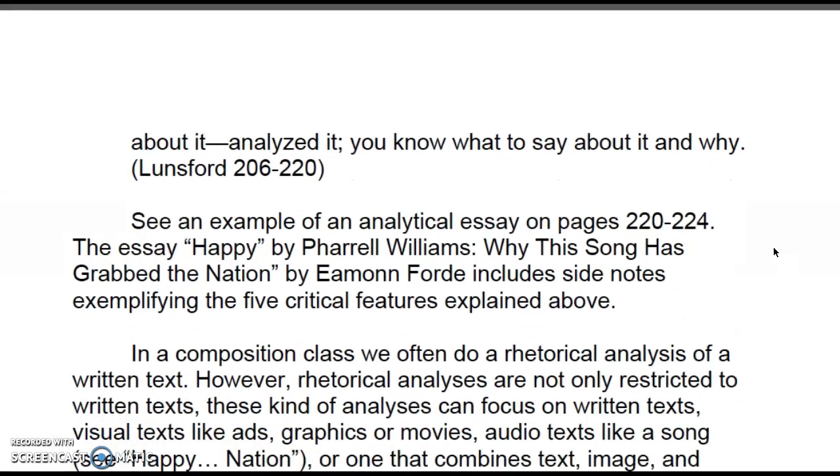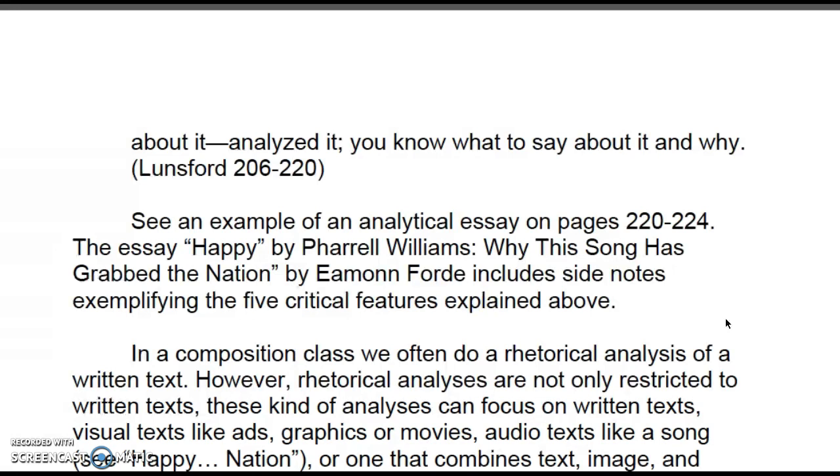I'm sending you to one example of an analysis, an analytical essay, not a 5-paragraph essay, but a longer piece. In this case, the author is analyzing the song "Happy" by Pharrell Williams.